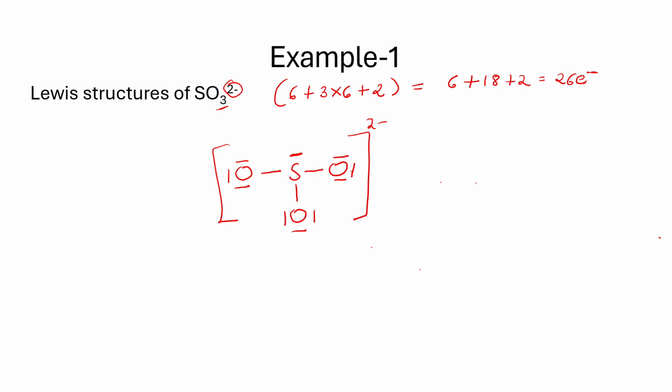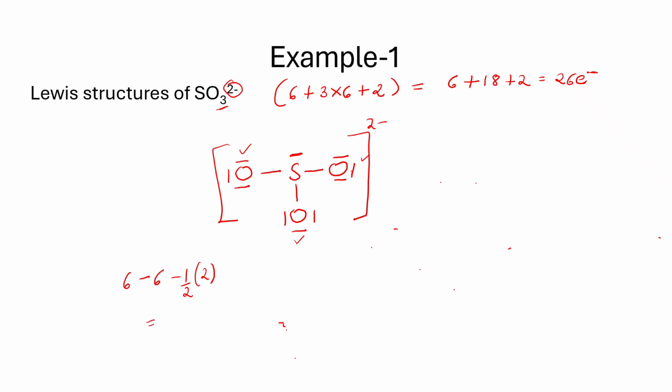Now all the 3 oxygens here are similarly placed, so if we calculate the formal charge on any one oxygen, that should tell us the formal charge on all the 3 oxygens, right? So oxygen has 6 valence electrons minus, each of these oxygens has 3 lone pairs, which means that there are 6 non-bonding electrons, and each of these oxygens has one covalent bond originating from it, which means the number of bonding electrons is 2.